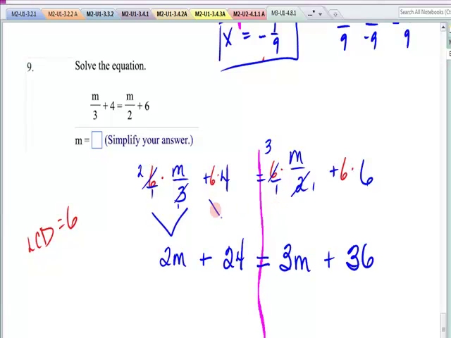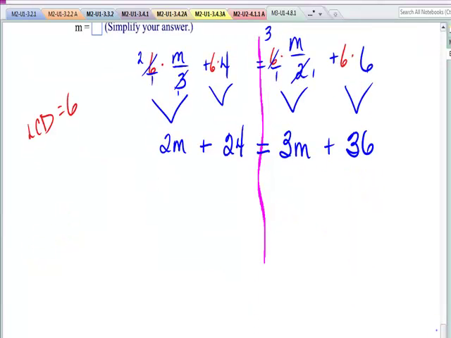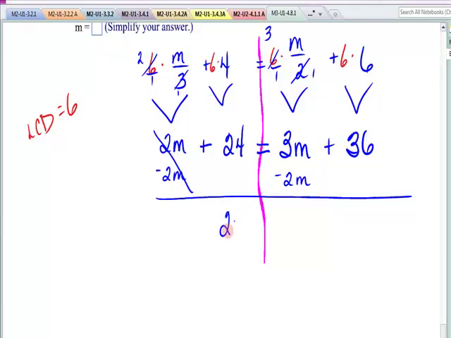Each of these products had to be simplified. Now, there's nothing I can simplify on the left or on the right, but I do have m's on both sides. I choose to get rid of the smaller one, so I'm going to subtract 2m from both sides. That gives me 24 is equal to implied 1m plus 36.